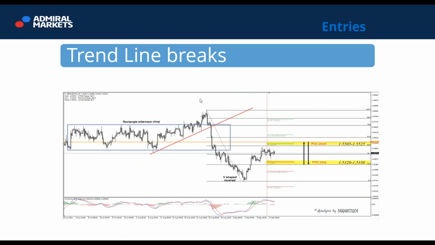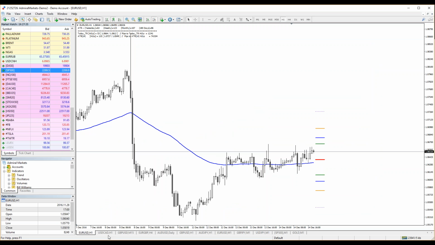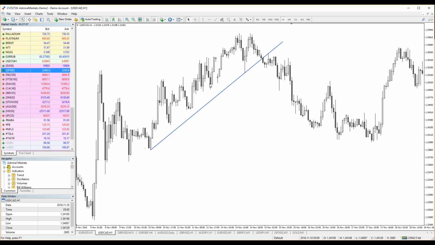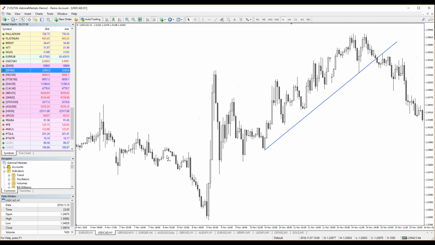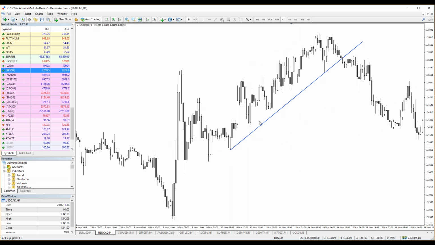Trend line breaks are very important also if you want to trade, let's say, retracement entries. So let's say that the price is in a downtrend, this is the range, and this is the retracement. When the retracement trend line is broken, we might consider an entry. Of course, this is the analysis part, but in the trading part, you can also see that very often those retracement trend lines get broken.